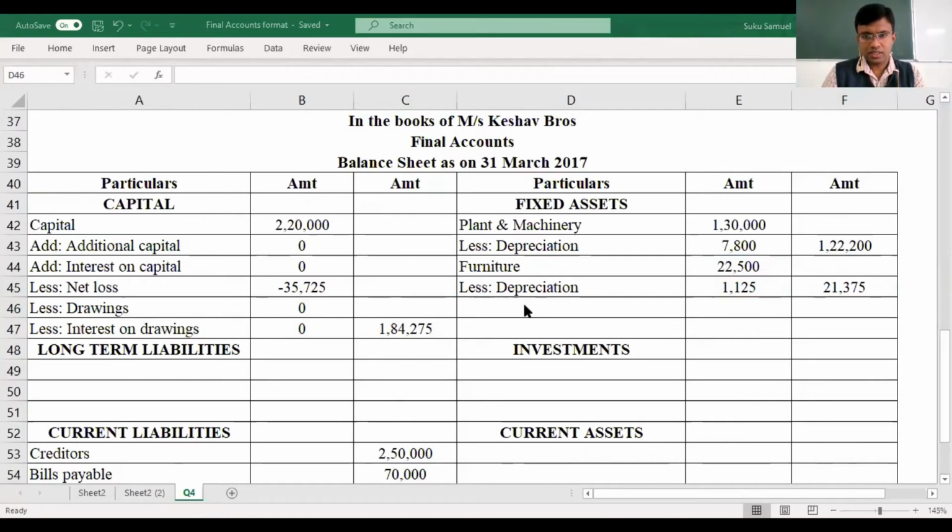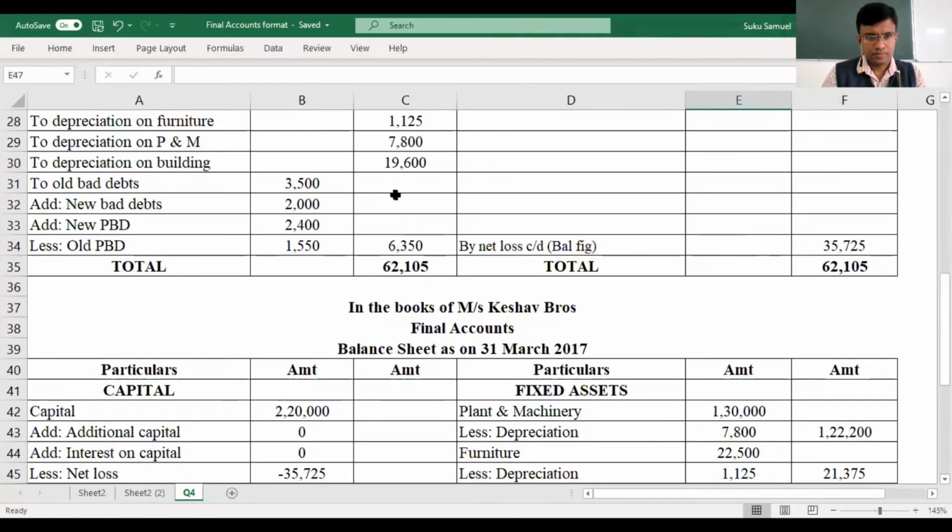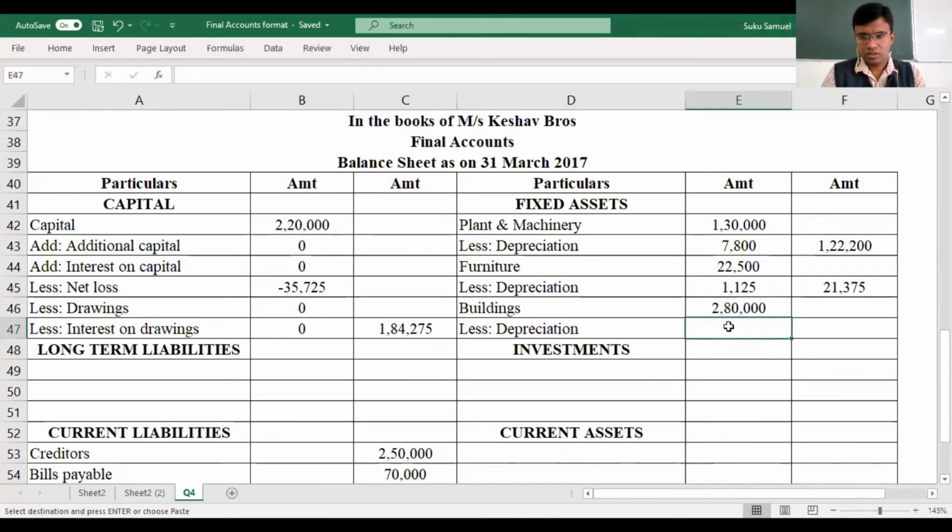So building is 2,80,000. Then you have 2,60,400. So let's see if there are any more fixed assets that we have to consider. No, I think that is pretty much it with respect to the fixed assets.